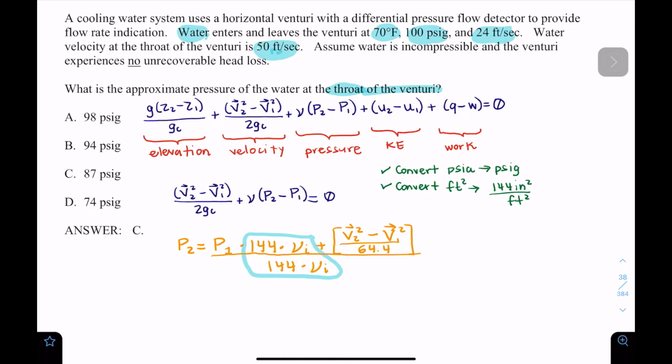This part of the equation is talking about the elevation. This other part is talking about the velocity. This other is talking about pressure, kinetic energy, and work. But let's remember, in this Venturi, we are not using the elevation. We are not using the kinetic energy and the work.